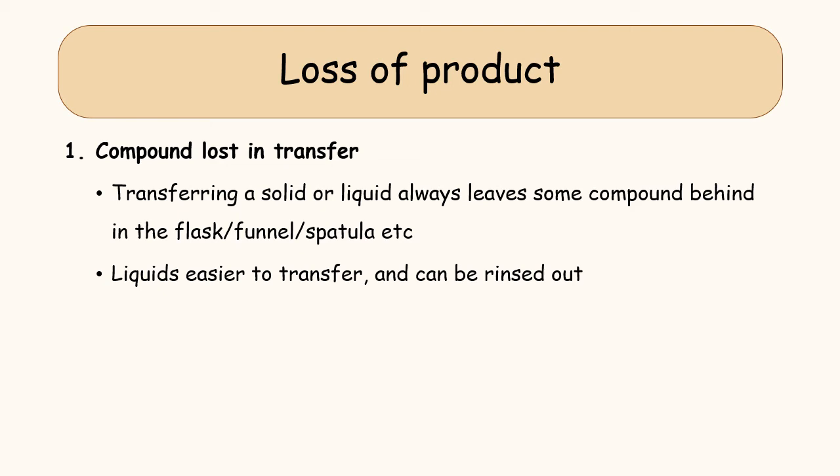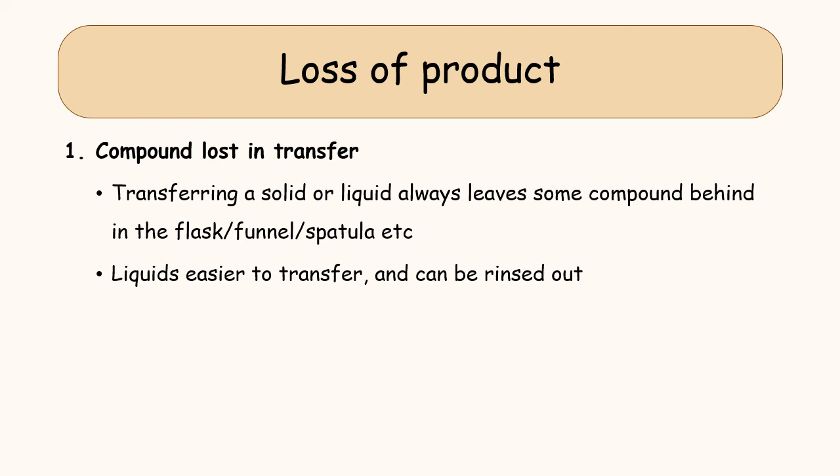Liquids are much easier to transfer than solids, so if you are doing a transfer, you can try and dissolve it. Similar to when you're making a standard solution, your first step is to dissolve it before putting it into a volumetric flask. But you need to make sure, if you're dealing with liquids, that whenever you pour a liquid out, you also rinse it out several times to get the transfer.